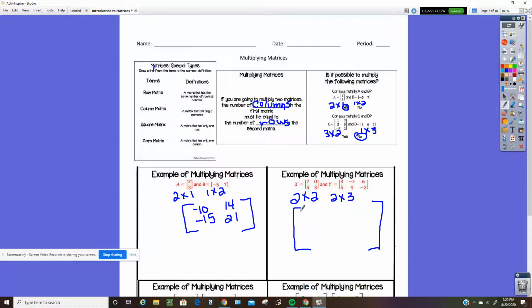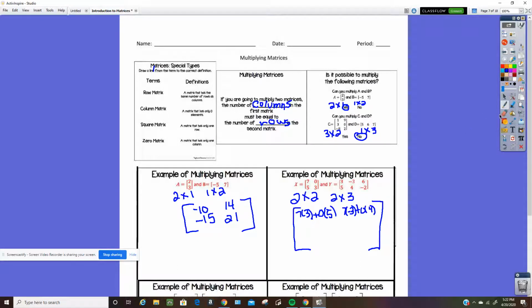So it's going to be 7 times 3 plus 0 times 5. So I took this first row times this first column. And then this first row times the second column. So 7 times negative 3 plus 0 times 4.